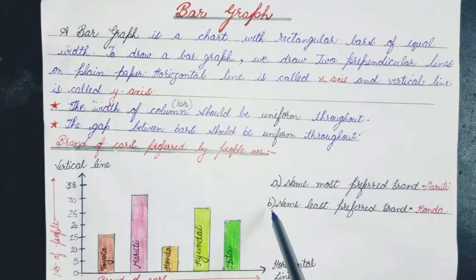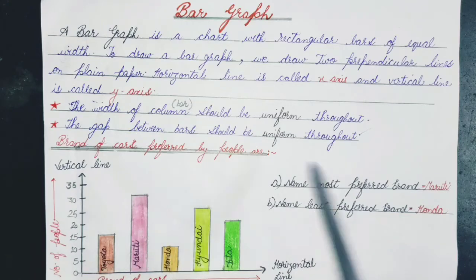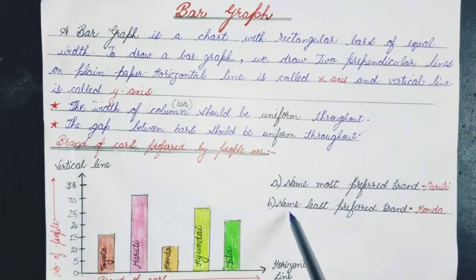Suppose two questions are asked and within seconds we can give the answers. Name the most preferred brand. Class, we can see the most preferred brand among all these brands is Maruti, which is preferred by the 30 people. Right everyone. Second question is, name the least preferred brand.